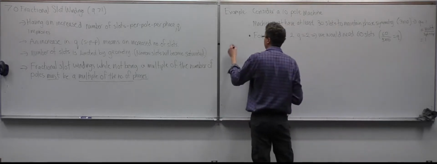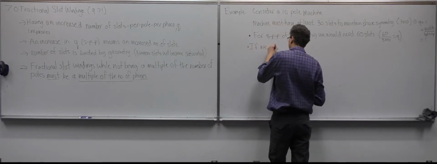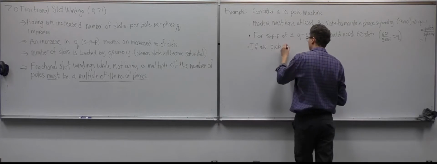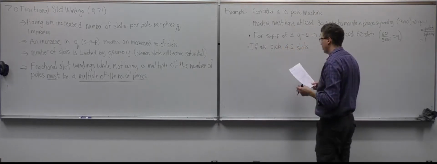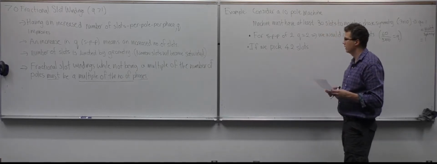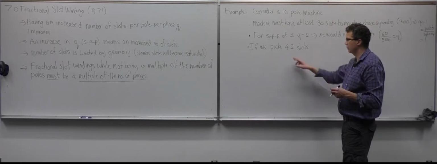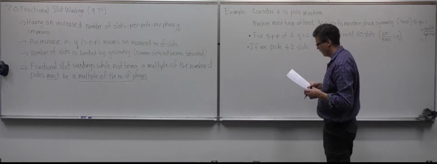So for example, if we pick 42 slots, now there's a whole theory behind how many slots to choose, and they can go into more depth, but I'm just going to look at this case as an example.